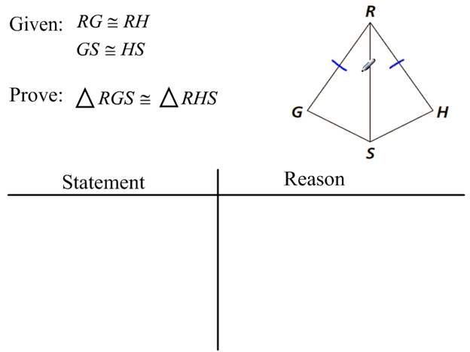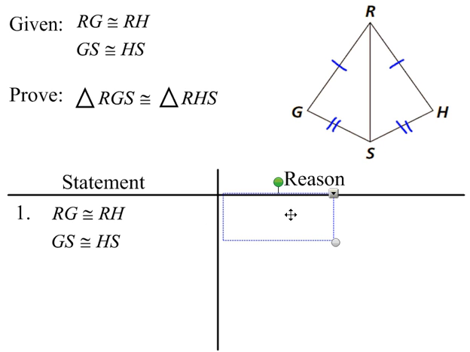So these 2 lines are equal to each other. And we're also given that GS is congruent to HS. So I'm going to write that as my statement, and the reason for writing that statement is that this information was given to me. So I have to be able to justify my statements.